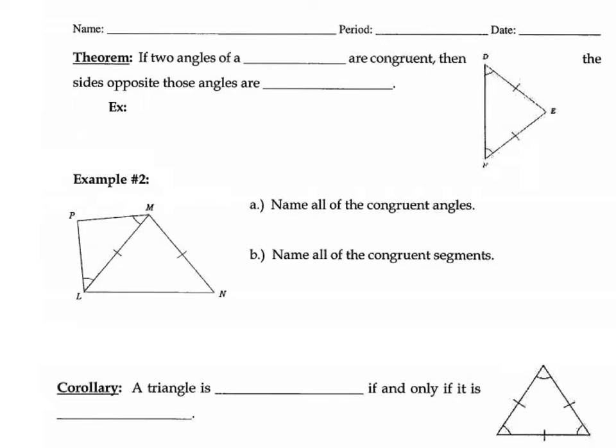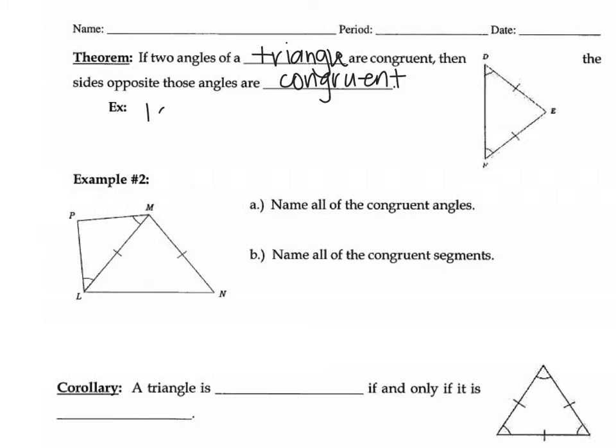We also have the theorem that if two angles of a triangle are congruent, then the sides opposite those angles are congruent as well. So it's kind of like the reverse of the isosceles triangle theorem.